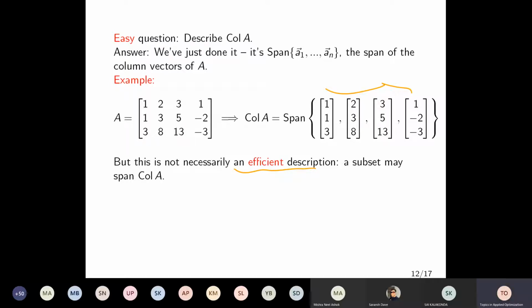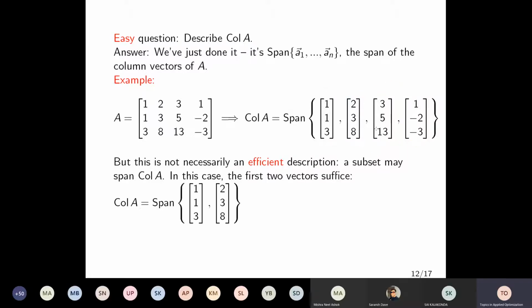Sometimes you may be able to guess what that redundant vector is. You may have to see whether this is a linear combination of that, or some other way around. Sometimes it's not very trivial to know this.